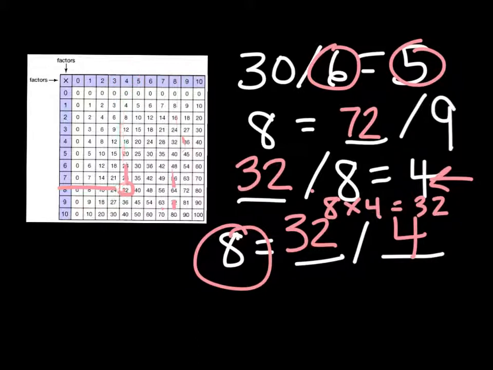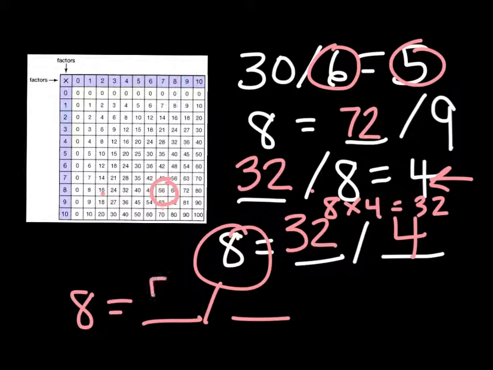That's not the only answer though. Let me try another multiple of 8. I'm going across the multiples. Let me stop at 56. If I take the same problem, there's another answer. If I take 56, we already know that 8 is a factor, so we have to go up this time. 56 divided by 7 equals 8.